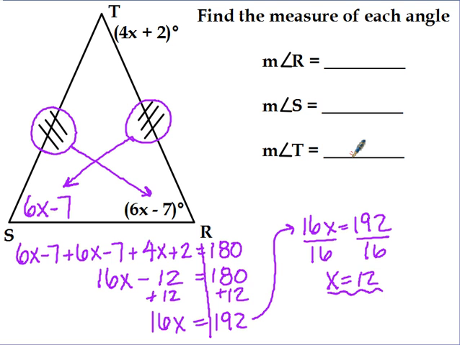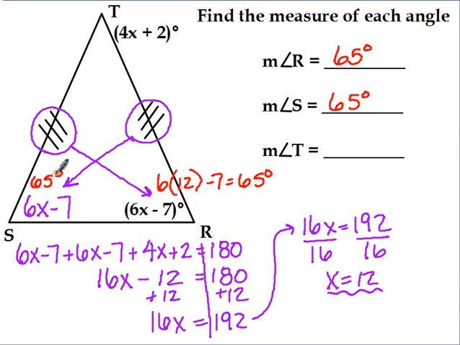So 6 times 12 minus 7 gives me 65 degrees. So that's going to be for s and r, because remember they're both equal to 6x minus 7, so I could plug it in over here as well, but that's 65. And then up here, 4 times 12 plus 2 gives me 50. So that's going to be 50 degrees.